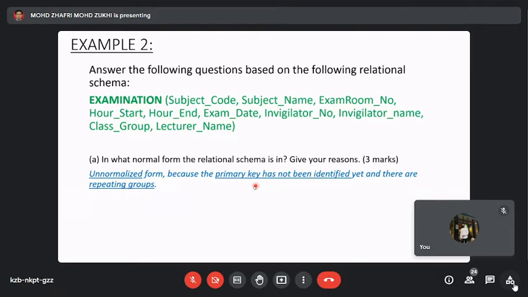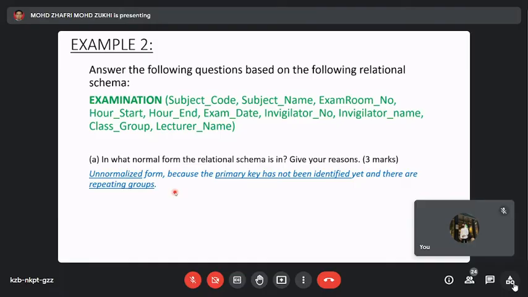Unnormalized form because the primary key has not been identified yet and there are repeating groups. Okay, you do subject code boleh jadi repeating, subject name pun repeating, exam room number pun repeating, lecturer name or class group also can be repeating. So this is the answer lah, unnormalized form because the primary key has not been identified yet and there are repeating groups.